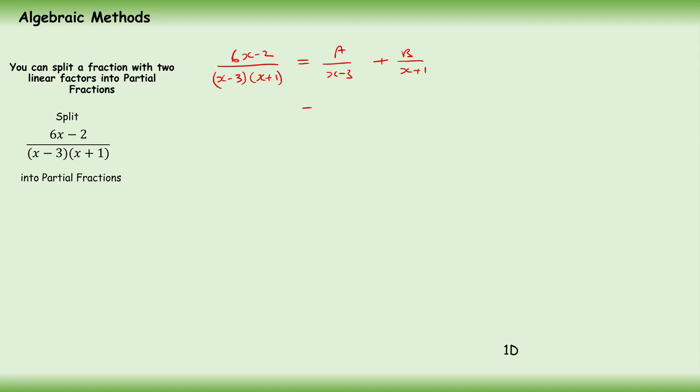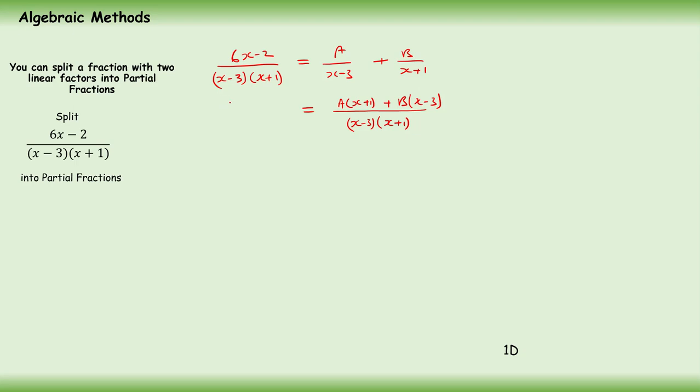Now on the right hand side, our common denominator is going to be that factor times that factor, which is equivalent to what we've got here, (x minus 3)(x plus 1). Here I've multiplied the denominator by x plus 1, so I've got to do the same thing to the numerator, so A times (x plus 1) plus B. I've multiplied this by x minus 3, so I'll multiply the top by x minus 3.